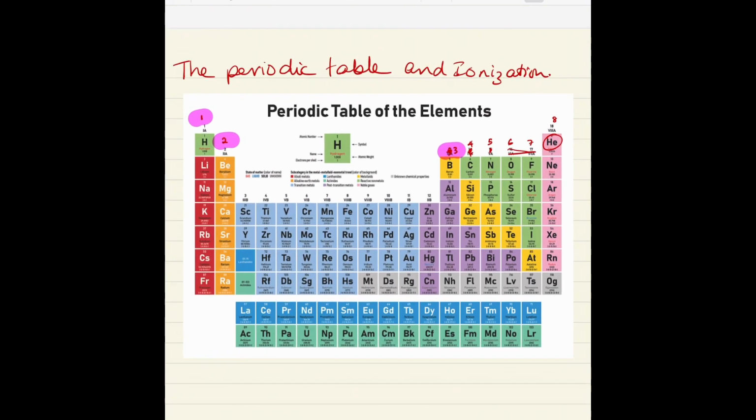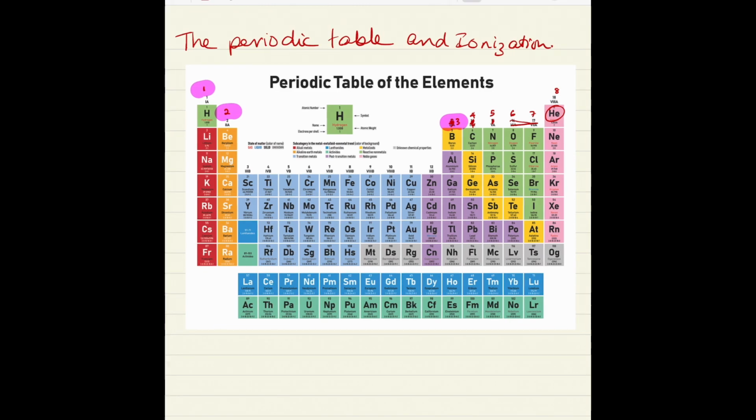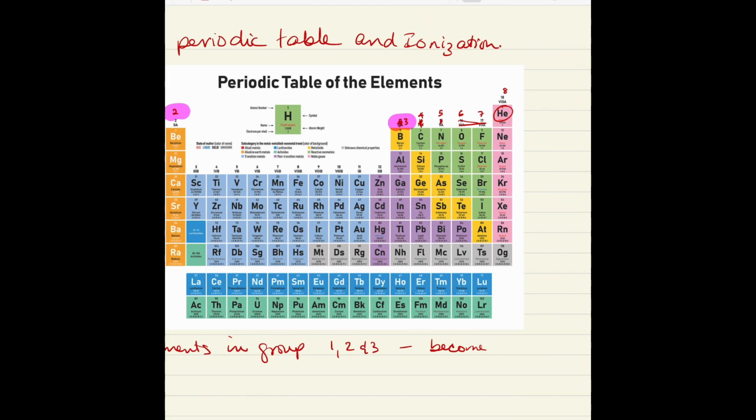So the first thing we are noticing is that elements in group 1, 2, and 3 become cations.